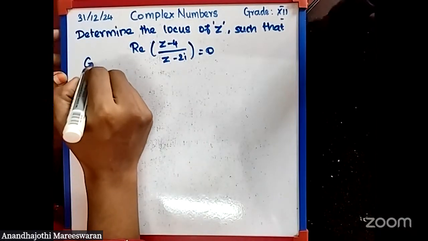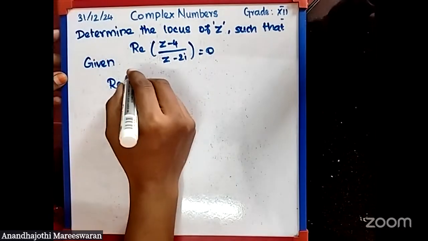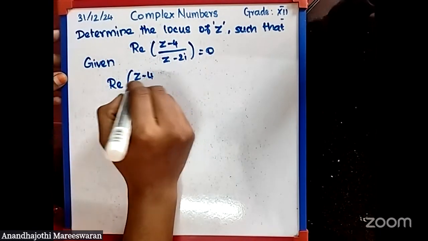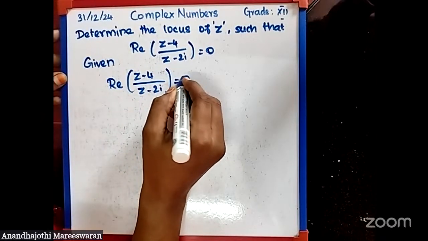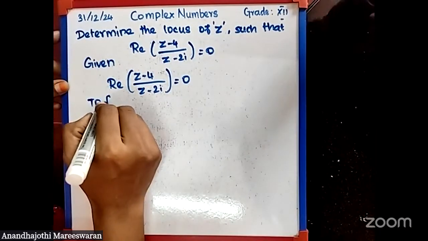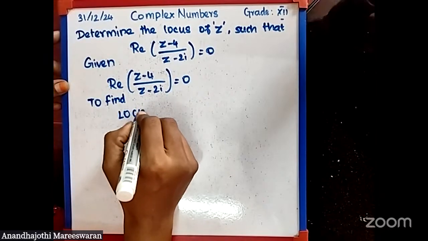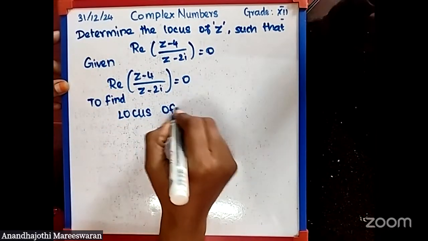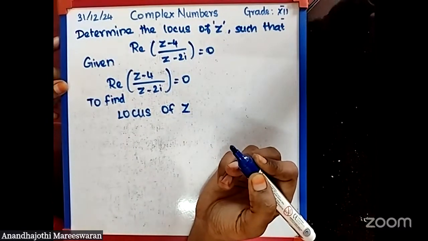Given: the real part of (z minus 4) divided by (z minus 2i) equals 0. What we are going to find here is the locus of z. Shall we start?